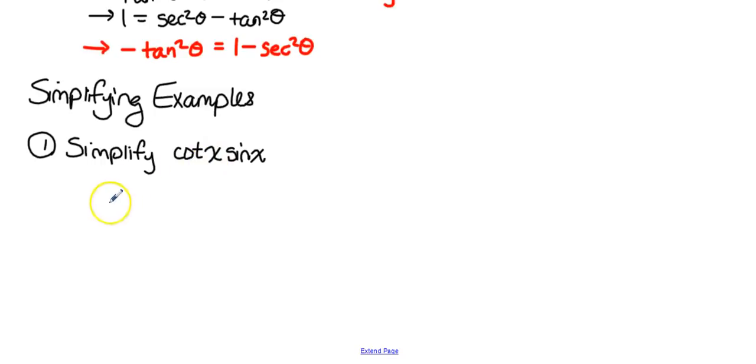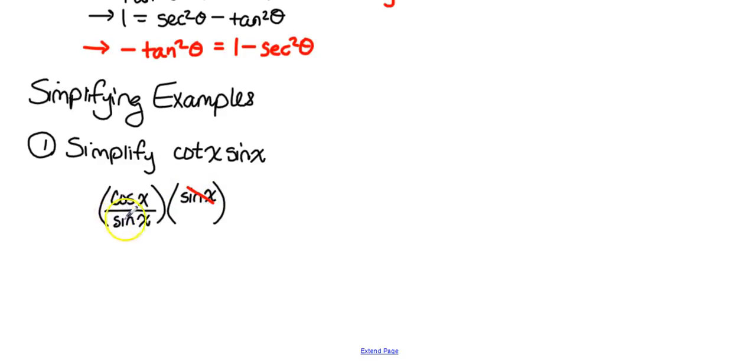So let's see. If I write cotangent as cosine of x divided by sine of x, and that's still being multiplied by sine of x, which is technically divided by 1. So if it helps you to write divided by 1, do so. Notice what happens.